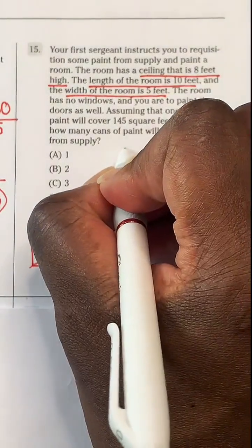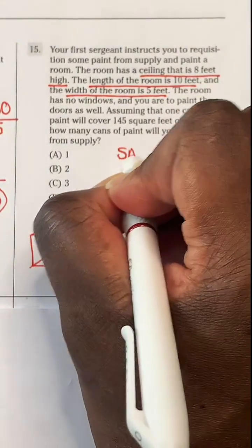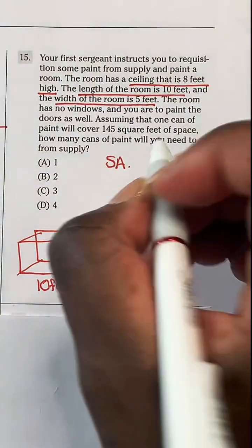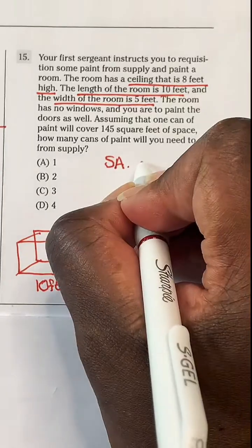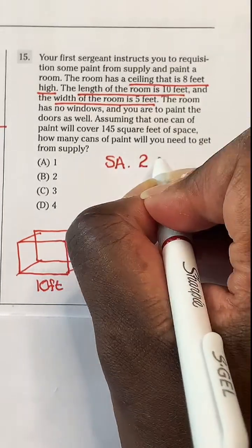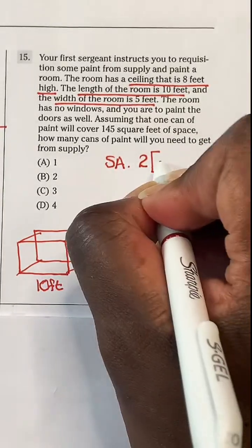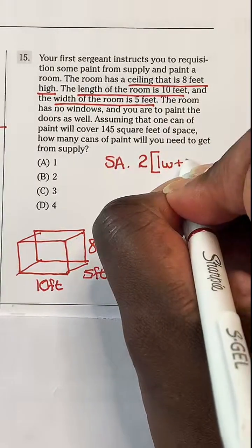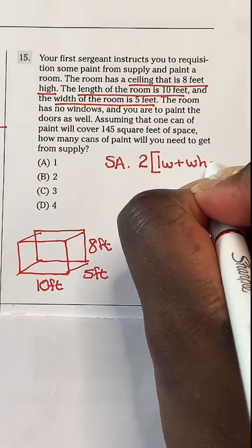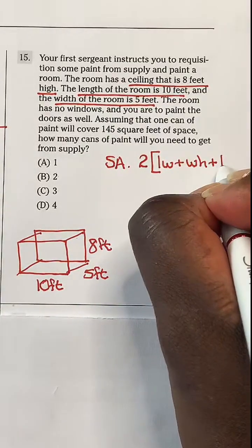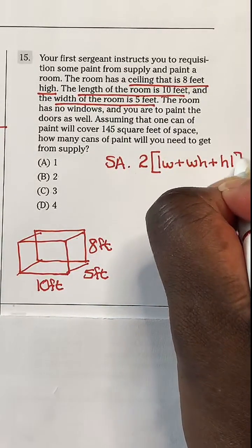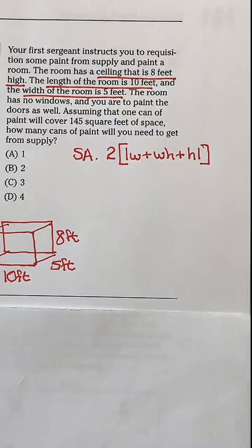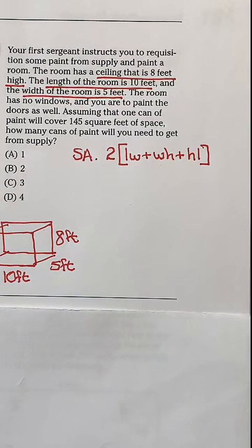So now your surface area, you're basically taking your length times your width, plus your width times your height, plus your height times your length. Add them together, then multiply by 2.